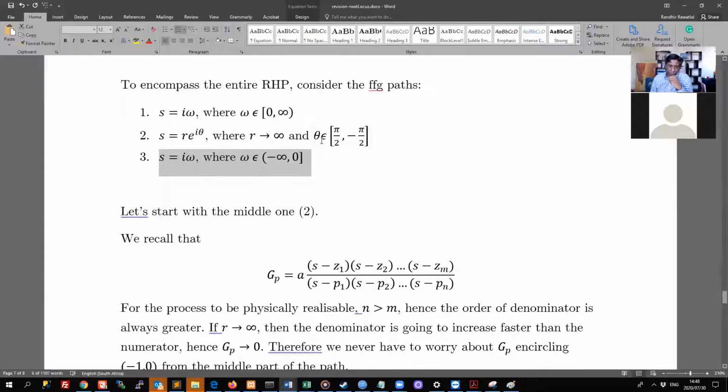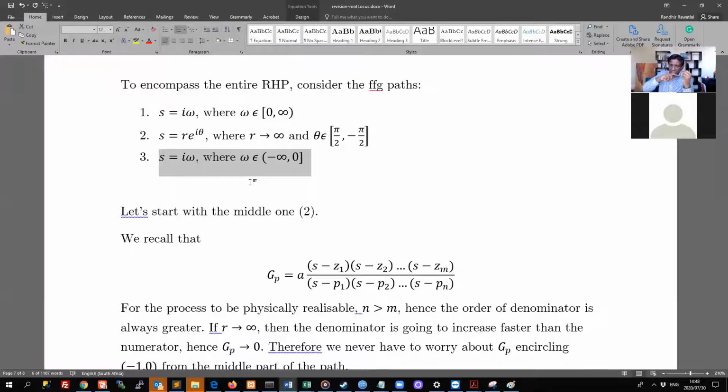Now, one thing we know about these plots is that they will give us complex conjugates. So here we are looking at positive I omega. This is negative I omega. And so G is going to respond in complex conjugates. So G might be traveling around in this direction in the first part.